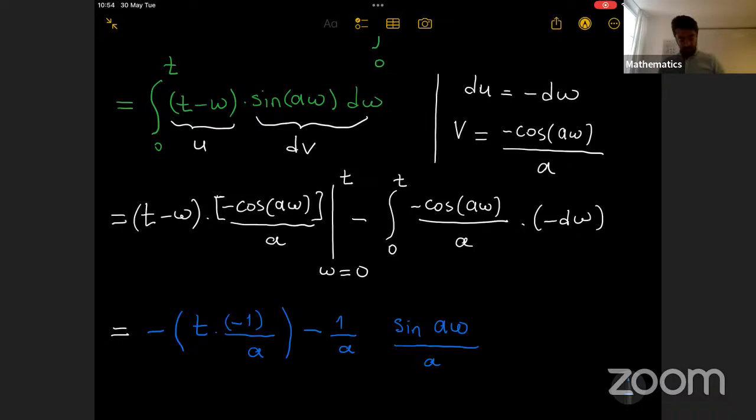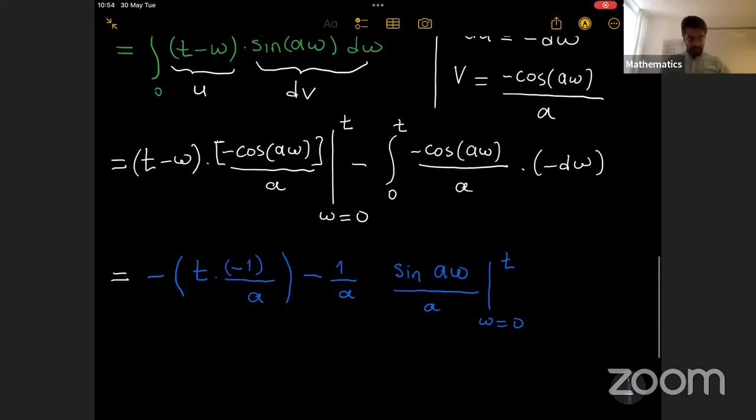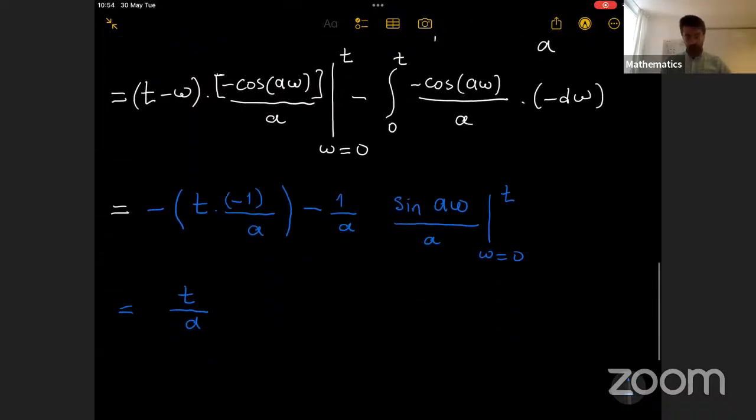And here w is from 0 to t. Well, let's see what we get. It's t over a, minus 1 over a square.